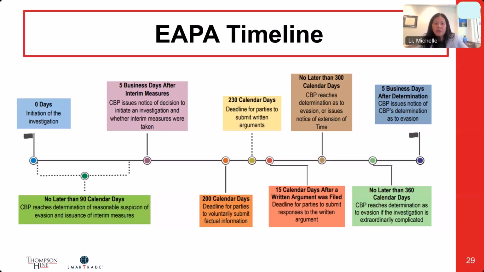The scope of the investigation usually covers entries from 1 year prior to the initiation through the pendency of the investigation.